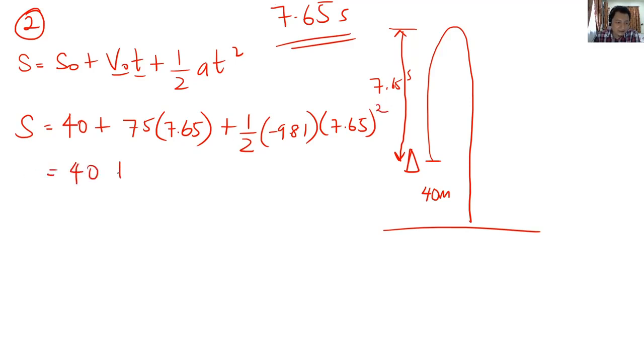Let's see, did we get it correct? 75 times 7.65 is 573.8. This will be negative: 7.65 squared times 9.81 divided by 2 is 287.1.